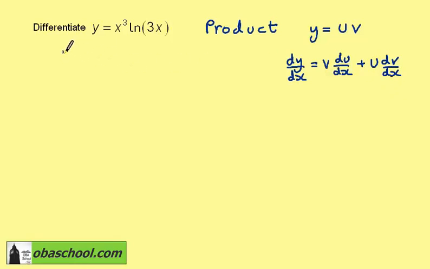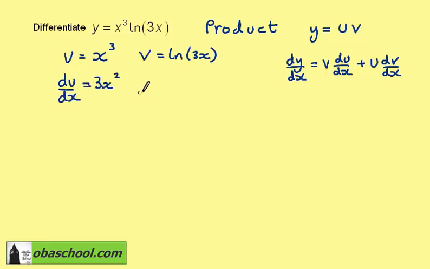Here we're going to identify u is equal to x cubed and v is equal to the log of 3x. We now need du dx, which is 3x squared, and for dv dx we need to use the chain rule.